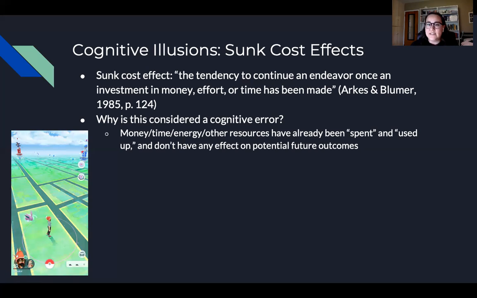Which is an exact example of sunk cost. I've already spent so much time. I've already thrown so many Pokeballs and walked so many steps. I just might as well keep going at this point. So even though I'm aware of the sunk cost now, will I still continue to play this game? Yes, I probably will.